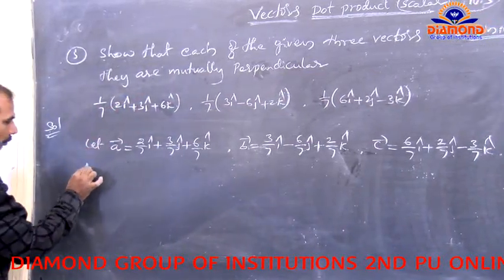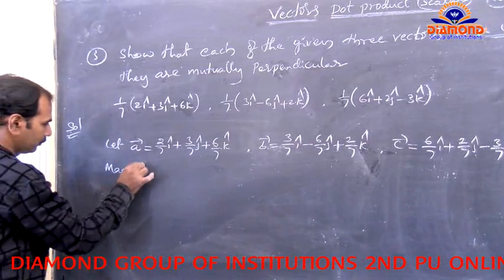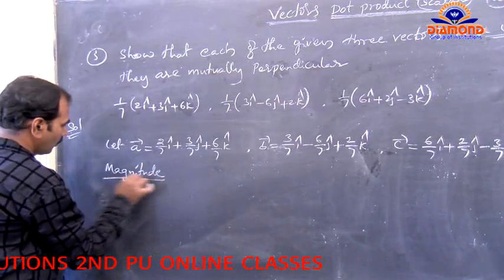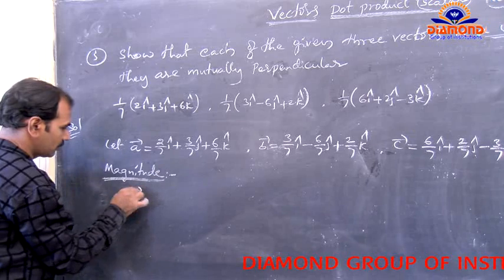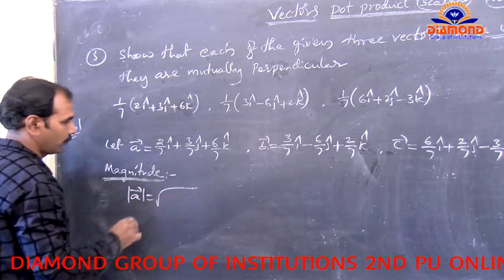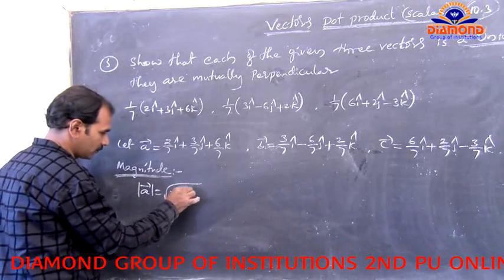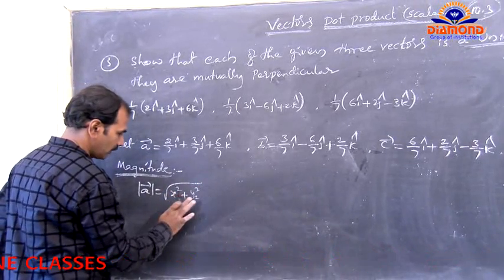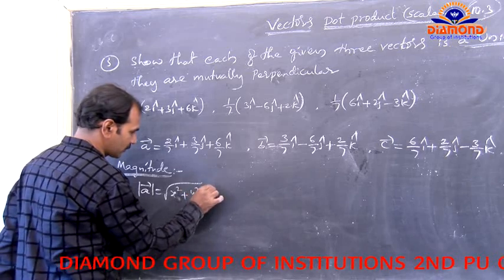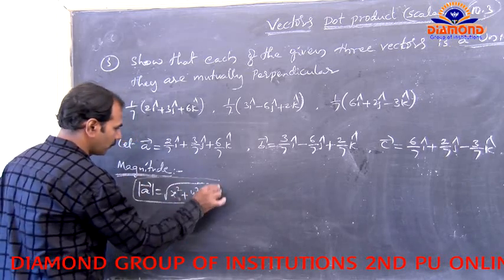First, unit vector. Unit vector means magnitude. The magnitude of a is the square root of x square plus y square plus z square. This is the formula, you know.